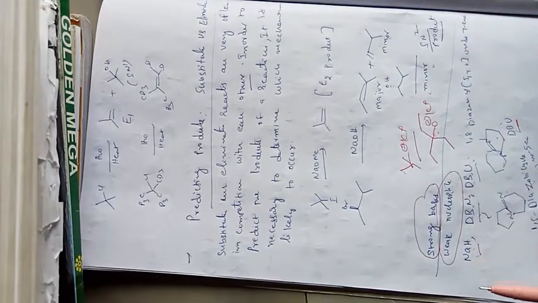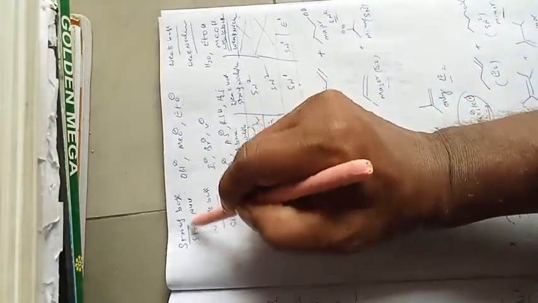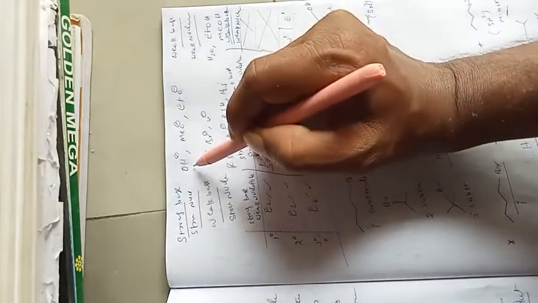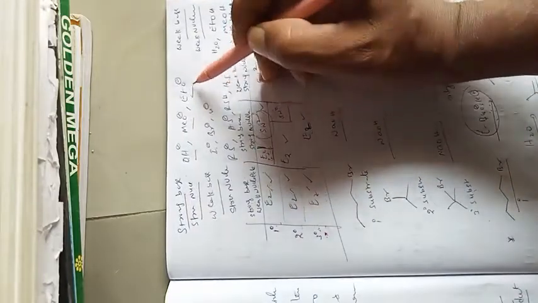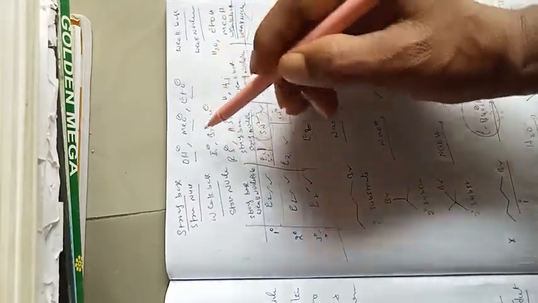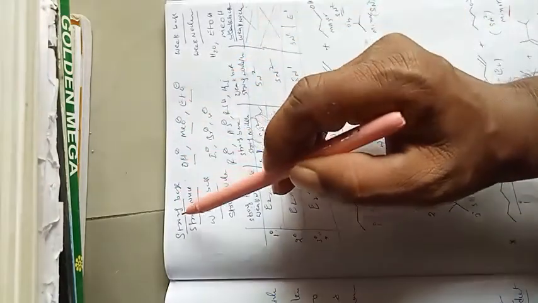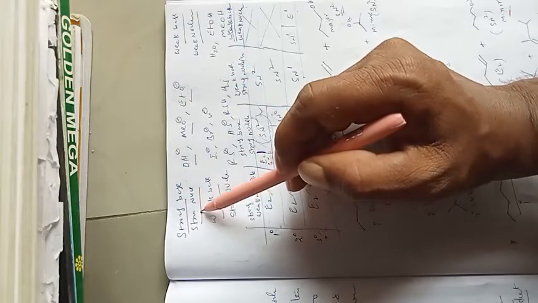So what is the importance of this? There is a classification of strong bases and weak nucleophiles, and the second is strong base that is also a strong nucleophile. For example, hydroxide, methoxide and ethoxide anions can act as a strong base as well as a strong nucleophile.